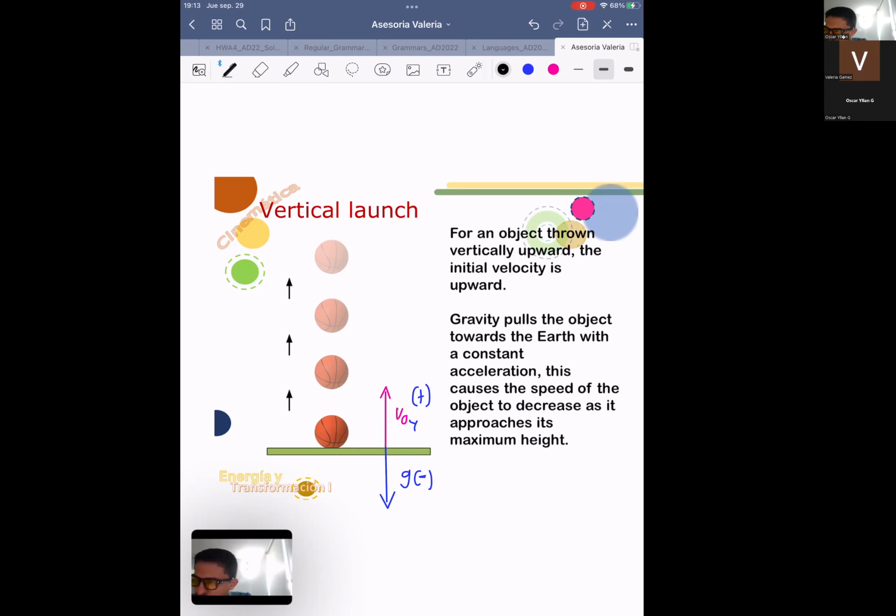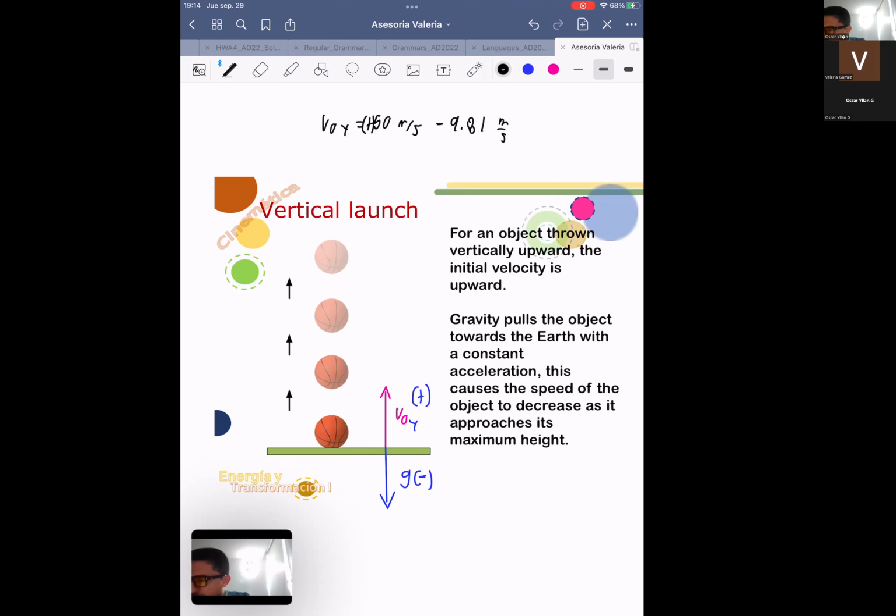So for example, if we have V0y of 50 meters per second, positive because it's going up, this one is going to be affected. Every second, you are going to decrease 9.81 meters per second.